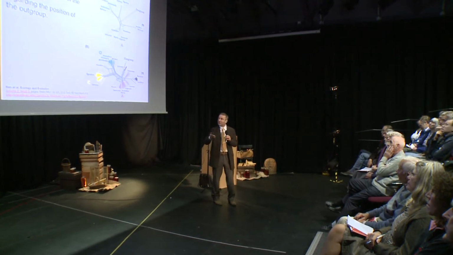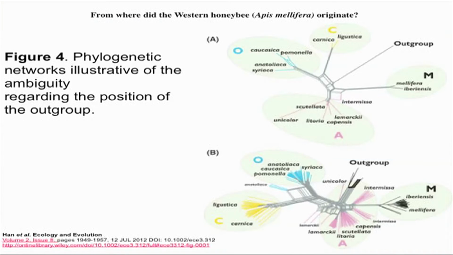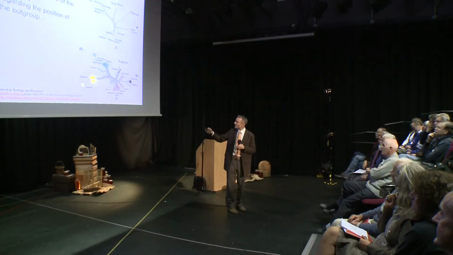If we look in more detail, and these are a couple of what I find very difficult to interpret trees, so I'm not sure how you're going to cope with it. But what we've got here is the same data set, blues and yellows and pinks like before. But what we find is that the outgroup, actually it isn't in Africa, it's somewhere over here. So he said, hang on guys, you've been too quick. If we reanalyze the data and we add new data to it, actually it doesn't seem as though it's an out of Africa story at all.